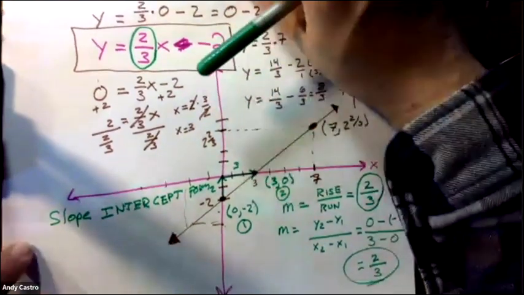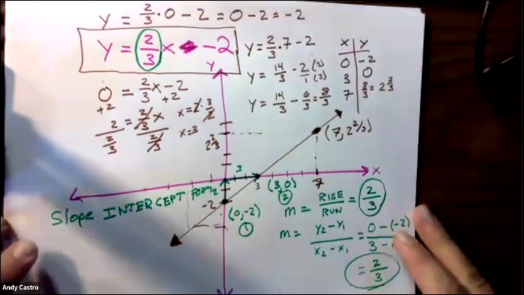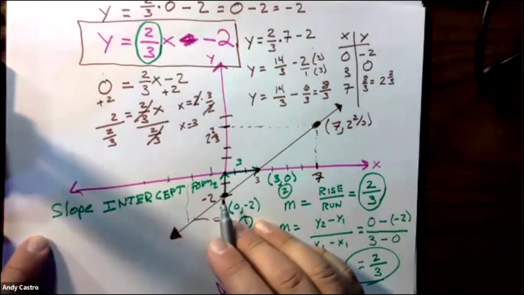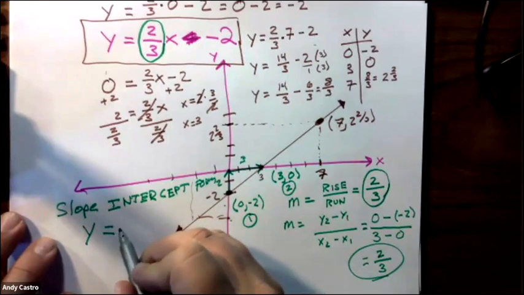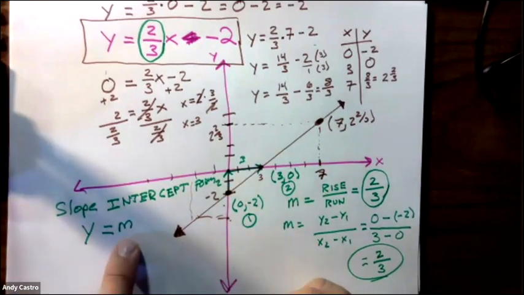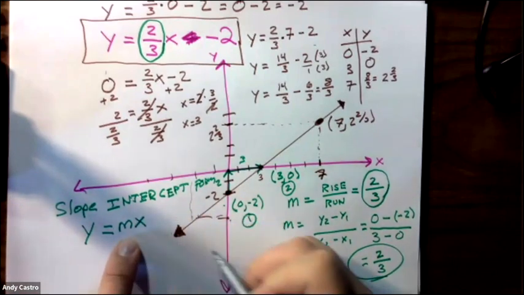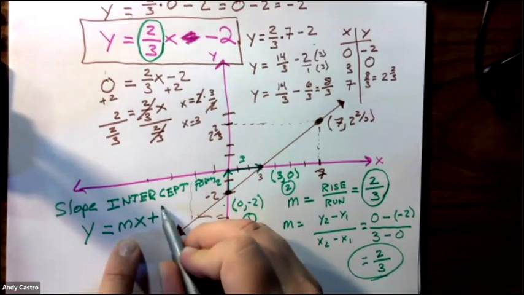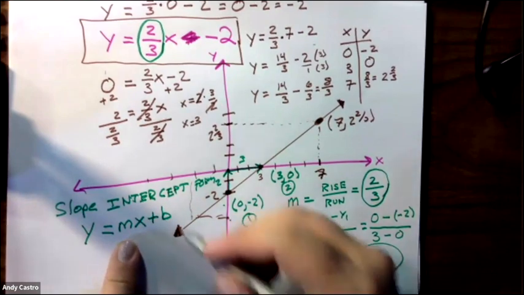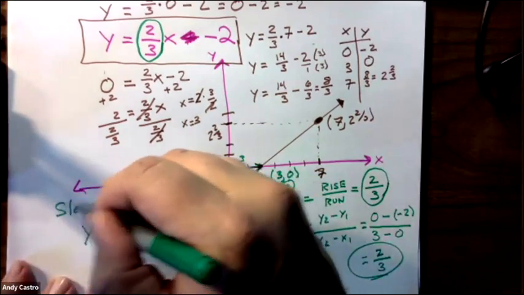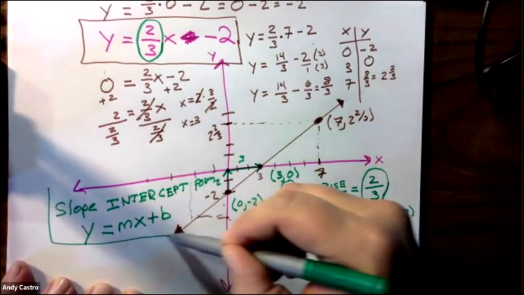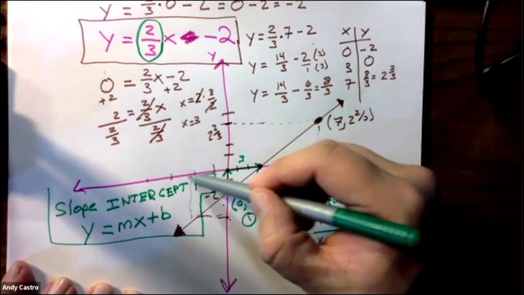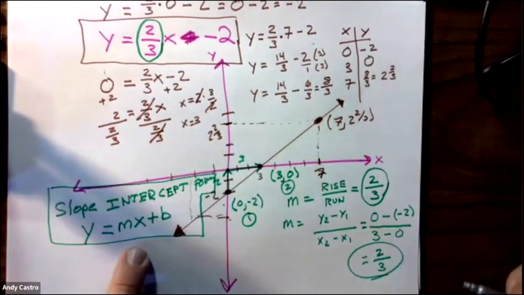Okay. And the way that form takes is y is equal to m, which is the slope, times x plus b. Make sure in your notes you have slope-intercept form, and then y is equal to mx plus b.